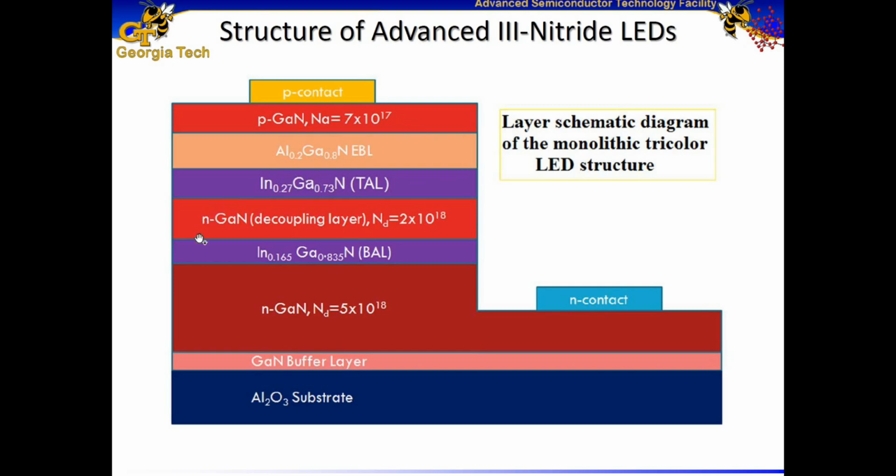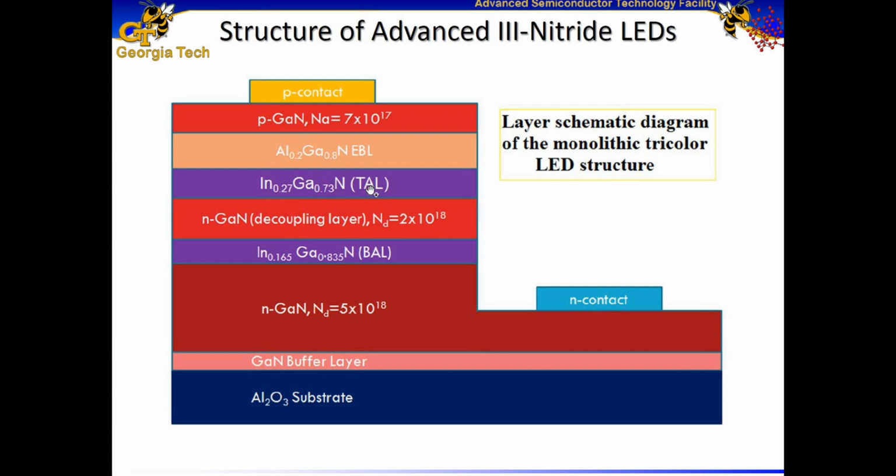In between we have an active region, which is actually the light emitting region. The light emitting region for gallium nitride based LED is composed of indium gallium nitride material.